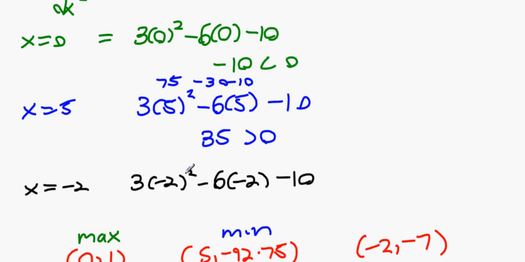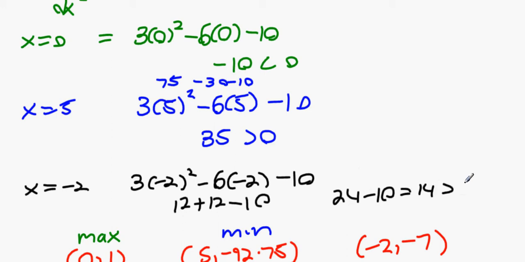So we put this into the calculator, and what we're going to get is 12 plus 12 minus 10, which is 24 minus 10, which is 14. 14 is bigger than 0, so this one here is also a minimum. So that's what we're expecting.